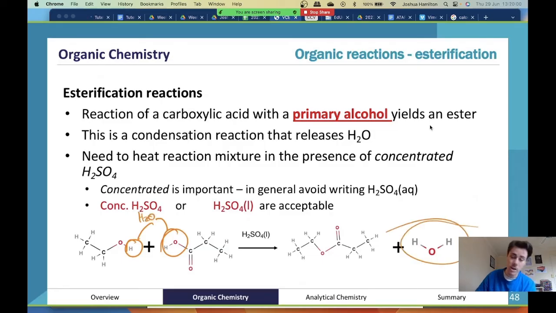So you have H2O as a side product. For those of you who do biology, you will have heard of this as a condensation reaction, and that is what this is. You can call it either a condensation or an esterification reaction. Either of them work, I'm happy for you to go with either. So they're the two things that you need to know.